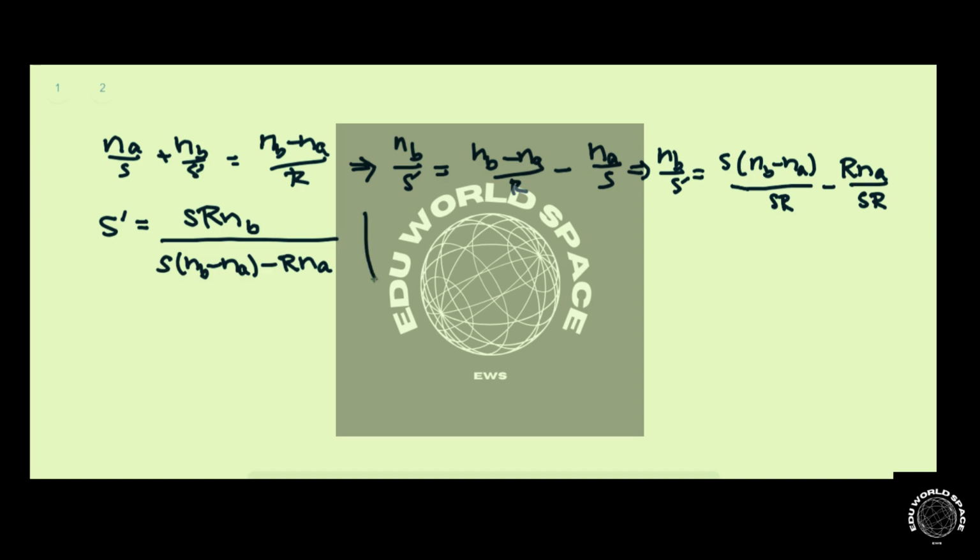Okay, so this is what we'll use. This is just rearranging equation 34.11 so that we can isolate S prime. So all we have to do now is plug in the numbers.